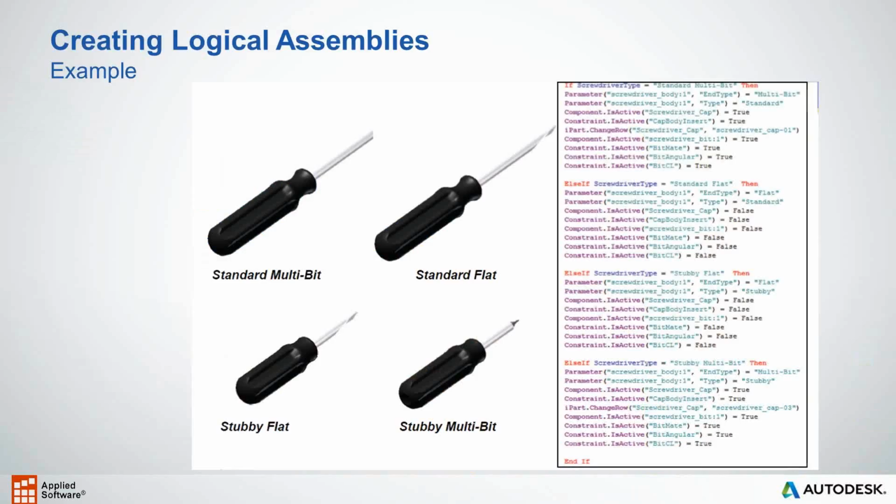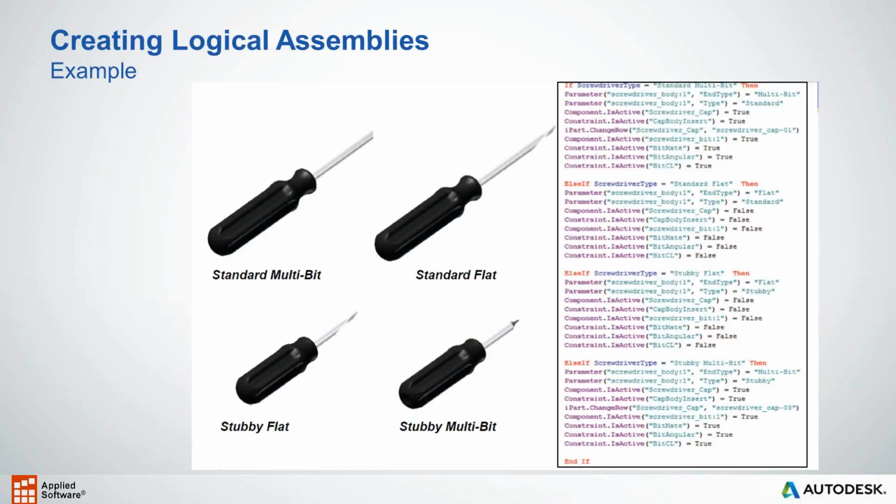Now, I want to also give you an example of utilizing iLogic at the assembly level. In this example, iLogic is used to control the configuration of a screwdriver assembly.